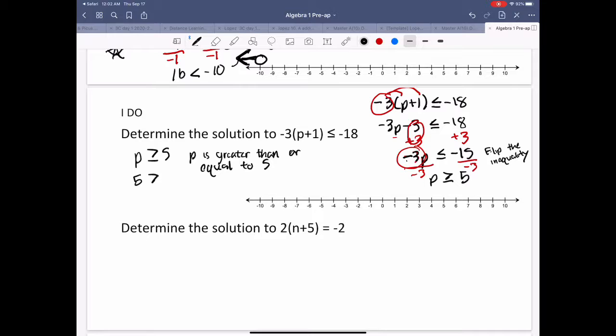Is 5 greater than or equal to 5? That is true. It is equal to. Is 6 greater than or equal to 5? That is true. Is 4 greater than or equal to 5? That is false. So I'm going to find the number 5 on the number line and put a solid dot because it is the one with the equal to. And since it's greater than, all my x's need to be greater than 5.